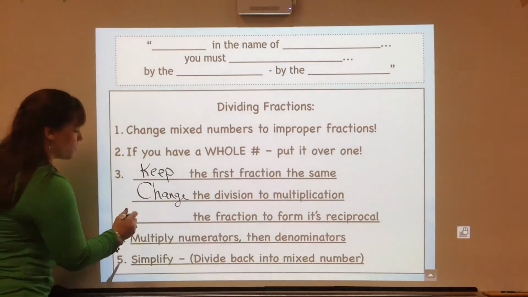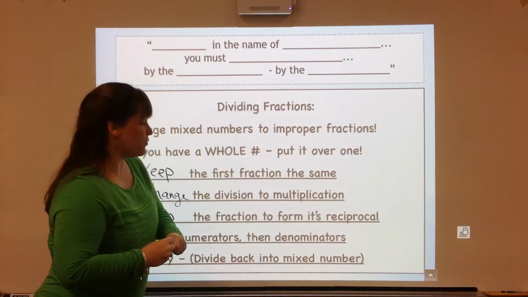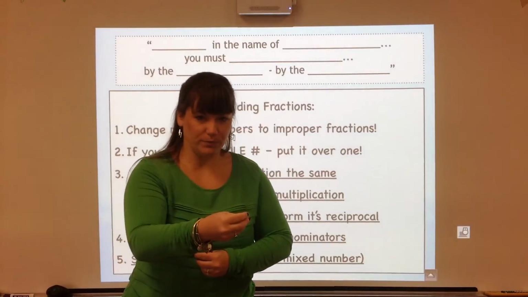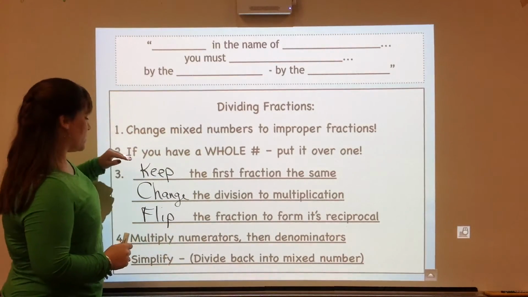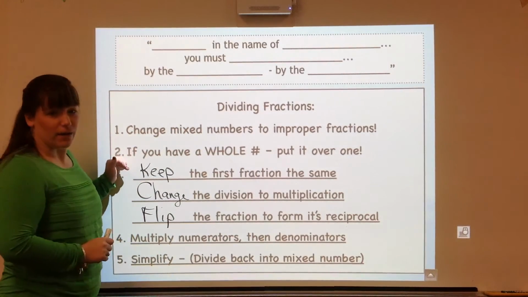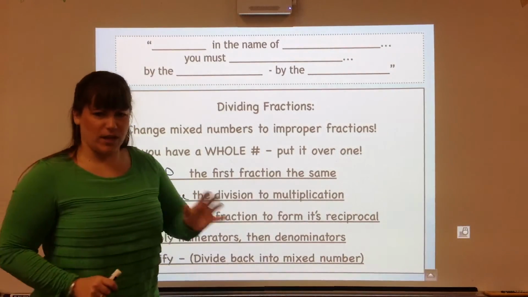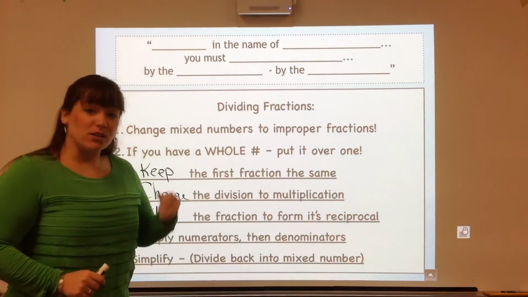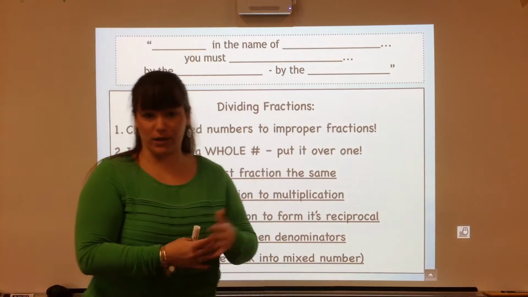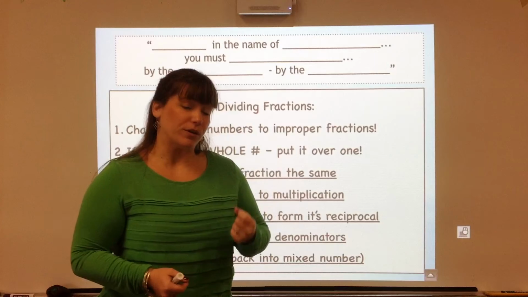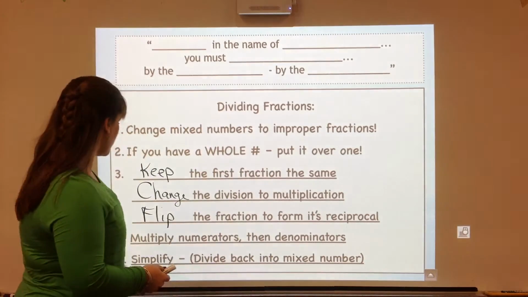And last, we're going to flip the fraction to form its reciprocal. So the things you have to remember is keep, change, flip. I abbreviate it KCF, not to be confused with KFC. So these words, keep, change, flip, you'll hear over and over again over the next 3 days, and we're going to abbreviate them with their letters KCF.